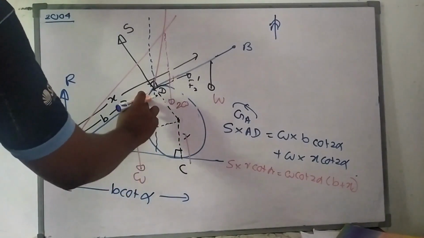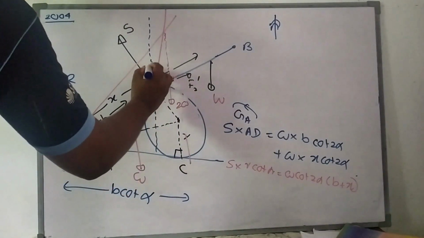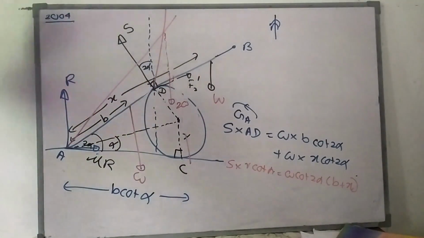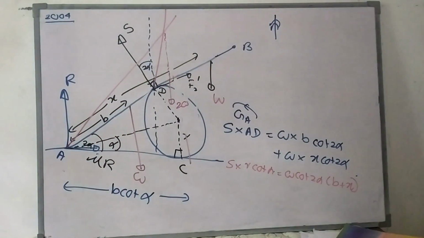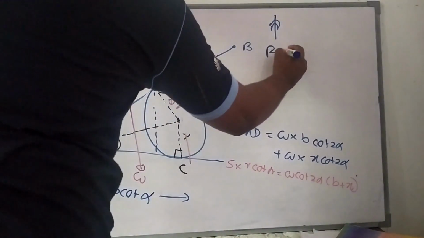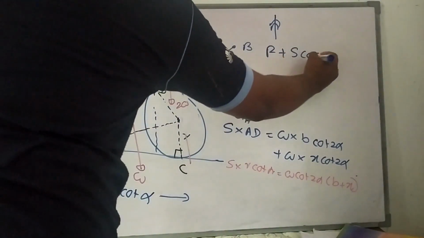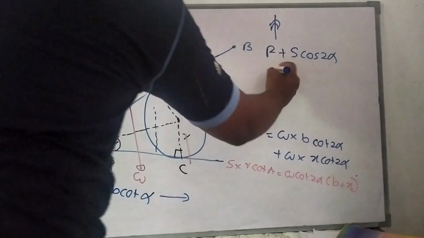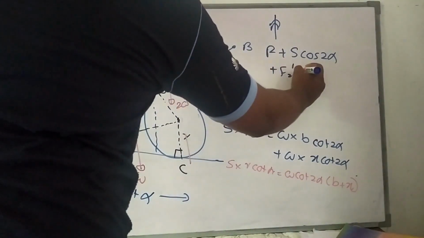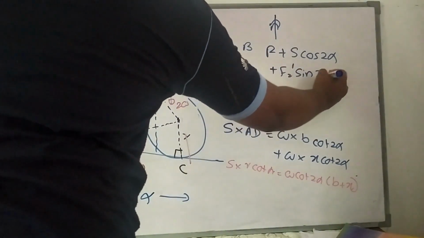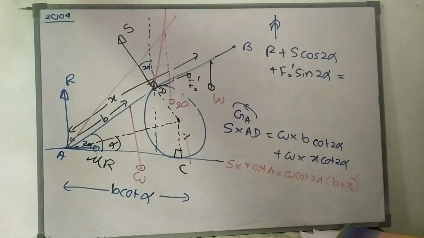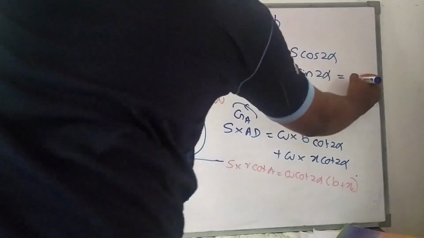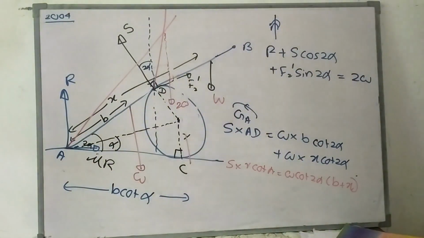This is 90 minus alpha, then it's 90 minus 2 alpha, then the vertically opposite is 2 alpha. R plus S cos 2 alpha plus F2 dash sin 2 alpha equals, taking all upward forces, 2W.